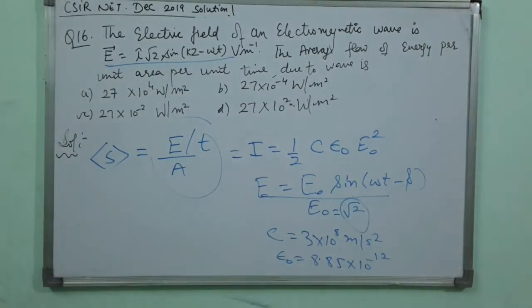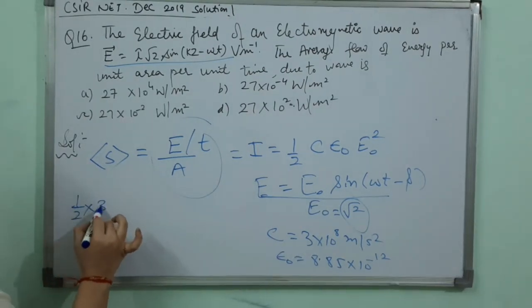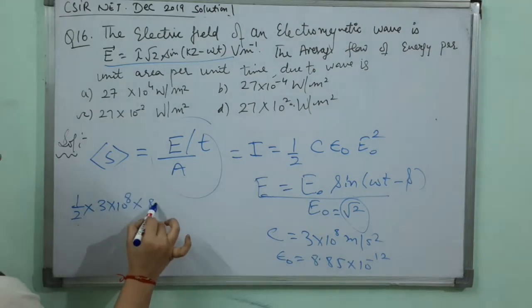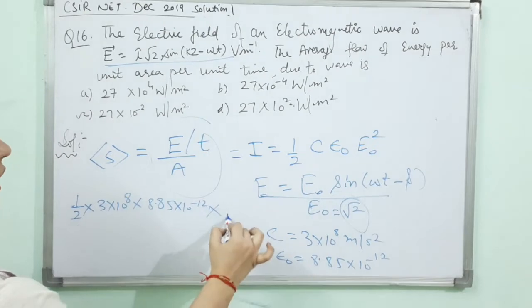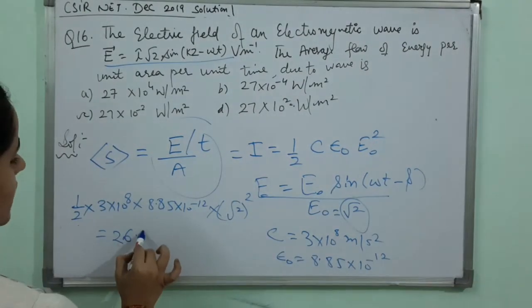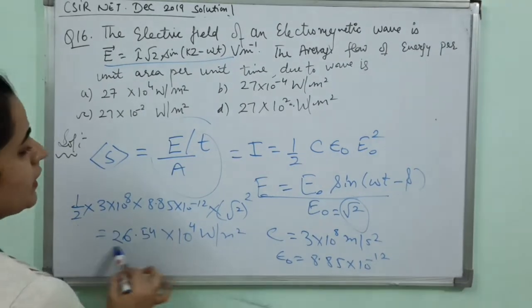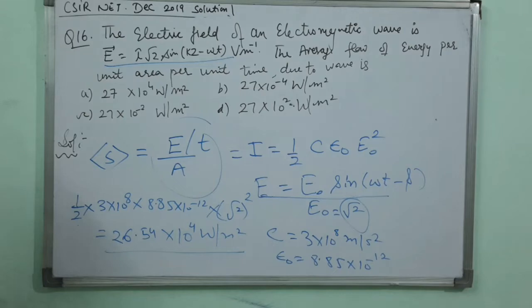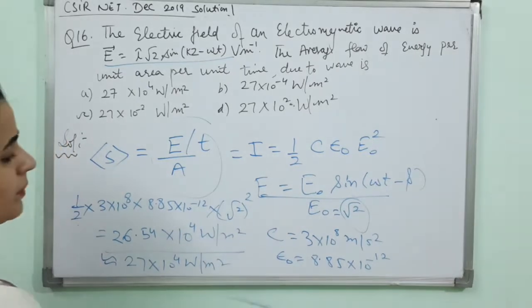Substituting this, the average flow of energy per unit area per unit time is 1 by 2 times 3 times 10 raised to power 8 times 8.85 times 10 raised to power minus 12 times root 2 whole squared. Solving this, we get 26.54 times 10 raised to power 4 watt per meter square, which is approximately equal to 27 times 10 raised to power 4 watt per meter square.